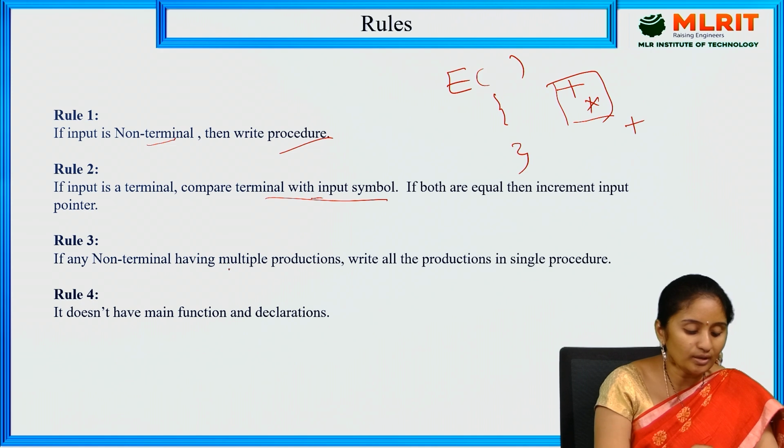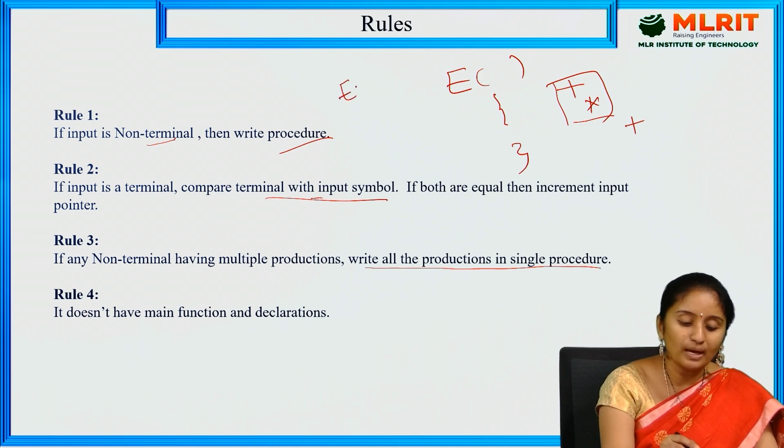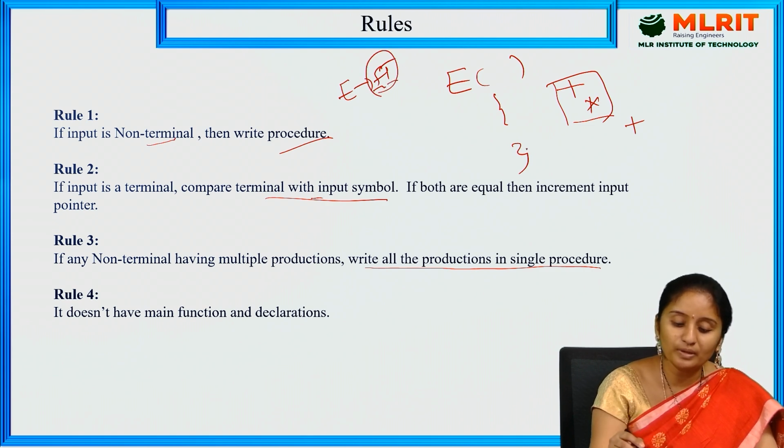Rule 3: if any non-terminal has multiple productions, write all the productions in a single procedure. For example, E tends to FT. Here both F and T are non-terminals, and these two non-terminals are going to be handled in a single procedure. Procedure is nothing but function.